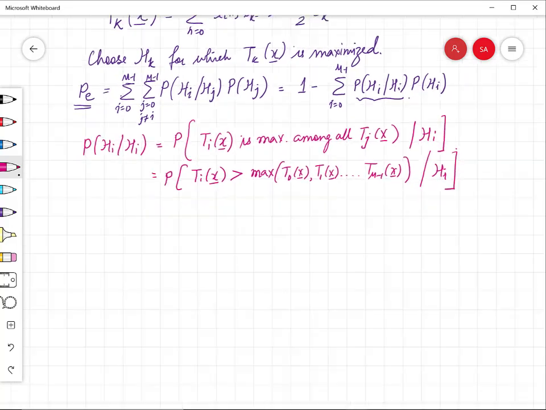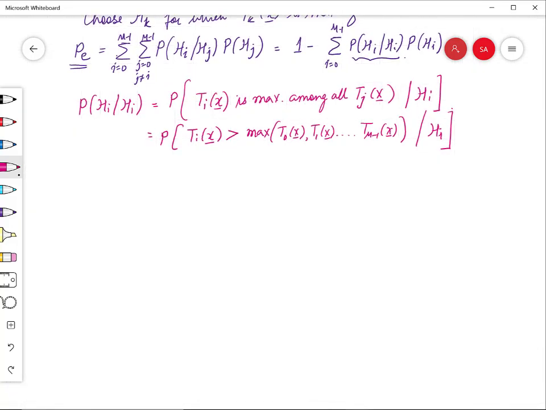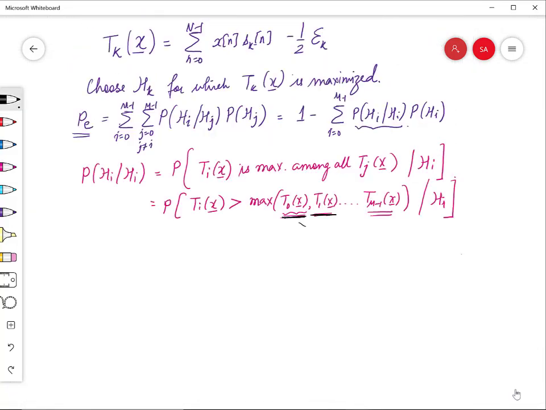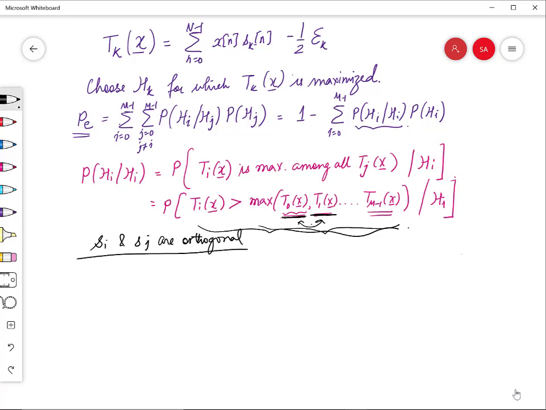Alright, so now these could be dependent on each other. So in general we cannot solve this particular probability. Only in a very specific case, when the Si and Sj are orthogonal, can we figure out this probability.